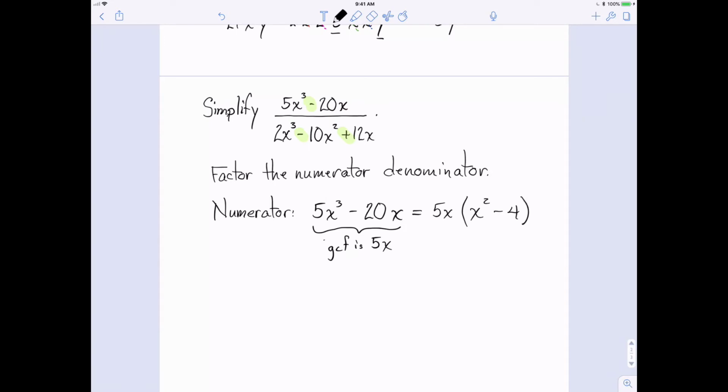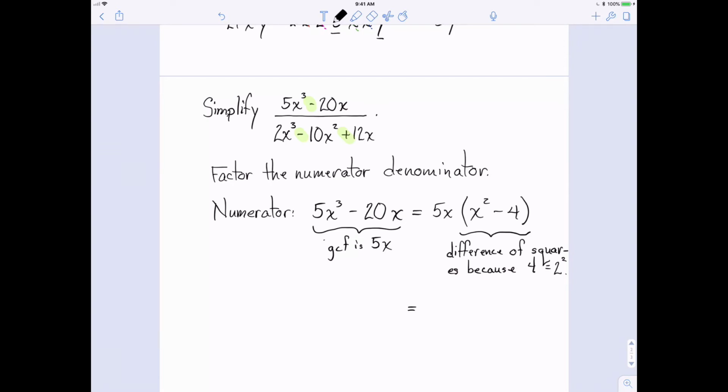But look at this. X squared minus 4, in our previous video, we saw that this is what's called a difference of squares, because 4 is the same as 2 squared.